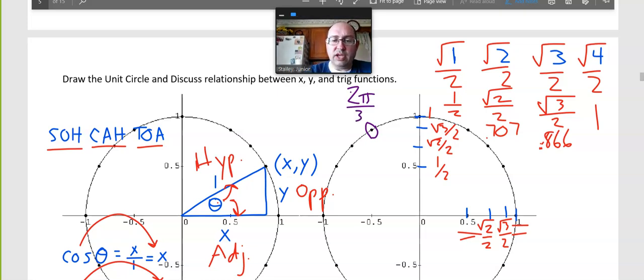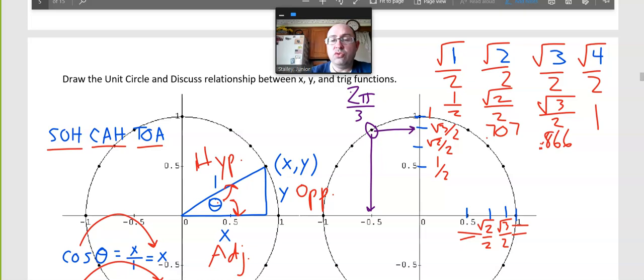Well, if you know that cosine is the x value, it's not too hard to tell me that it's negative 1/2. If I ask you for the sine, it's not too hard for you to tell me positive radical 3 over 2. It's the x and the y value. And you can look at the scale. There's only 4 numbers. They go in order.